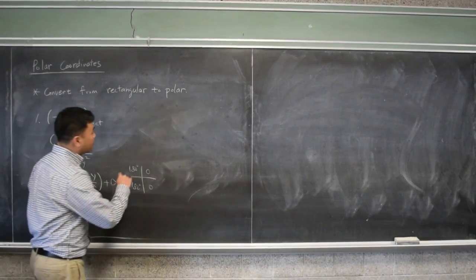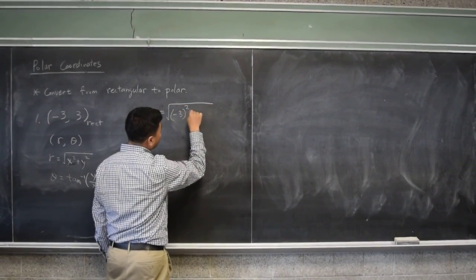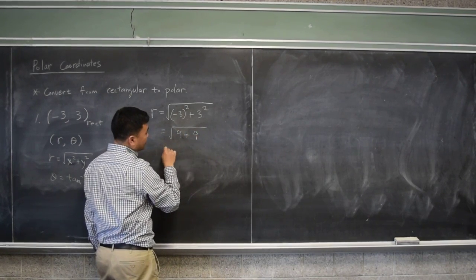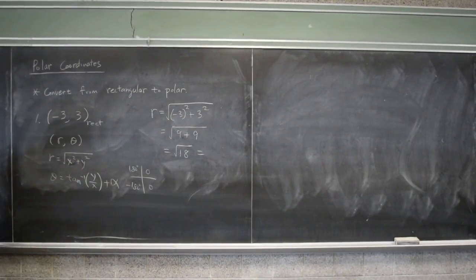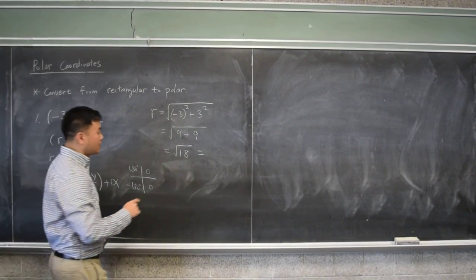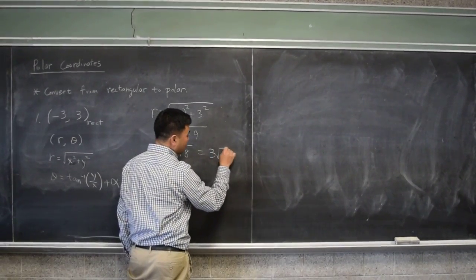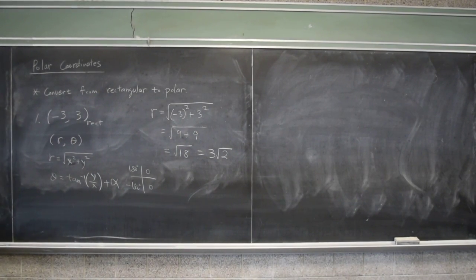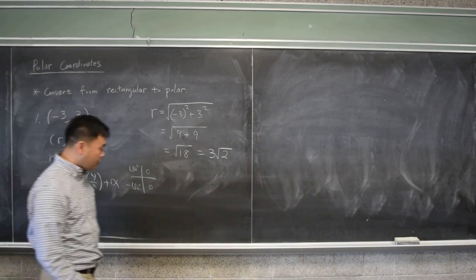I use the first formula to get the r. R is the square root of -3 squared plus 3 squared. It's 9 plus 9, which is the square root of 18. Now 18 has a square factor, which is 9. So it's 9 times 2, and 9 can come outside the square root as 3. It's 3 square root 2, the distance from the origin.